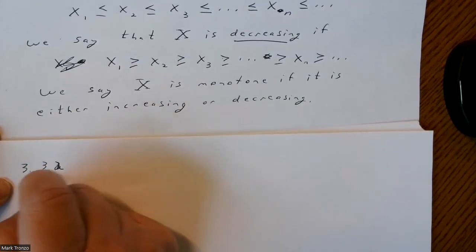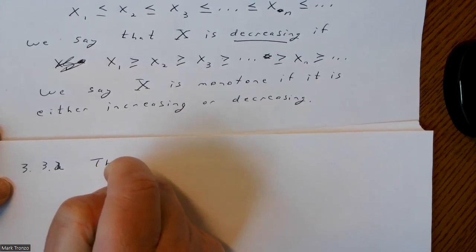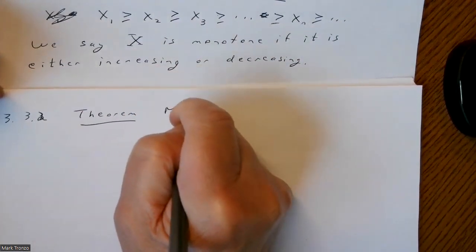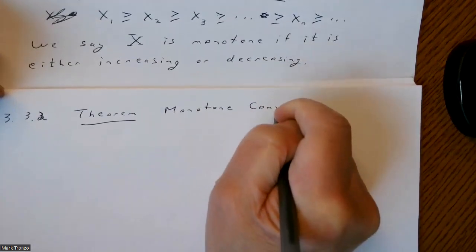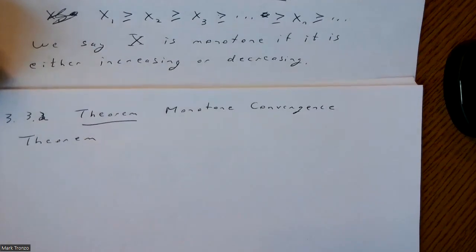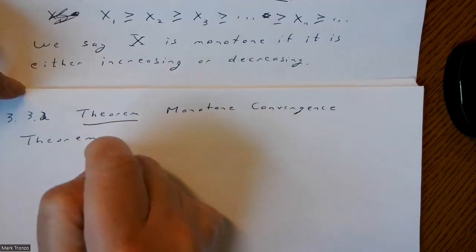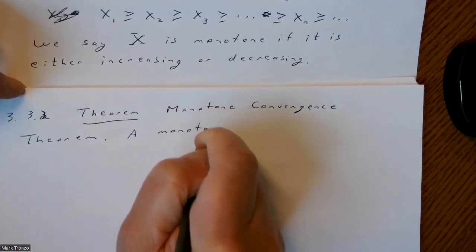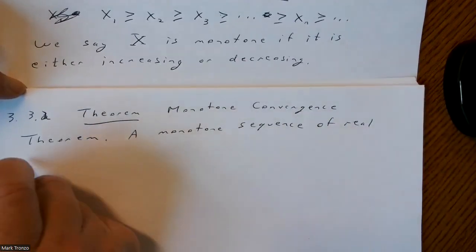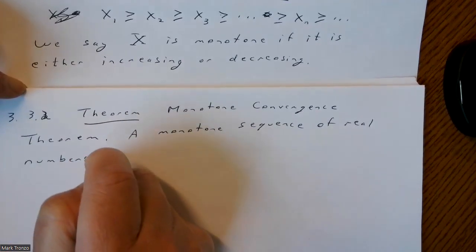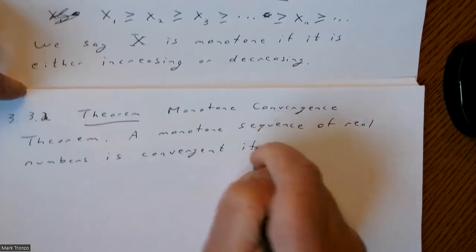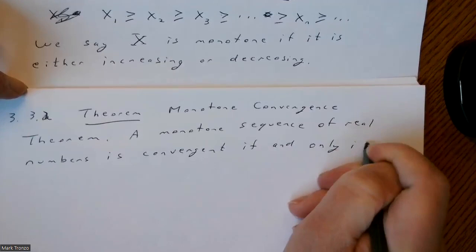This is Theorem 3.3.2. A monotone sequence of real numbers is convergent if and only if it is bounded.